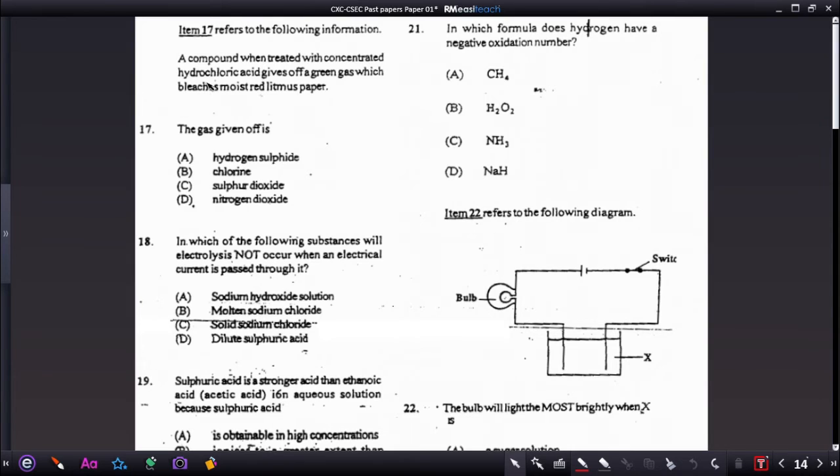But what we have here is the hydrochloric acid, so there is no sulfur dioxide, plus it says a green gas, and chlorine is green, so the answer would be chlorine.